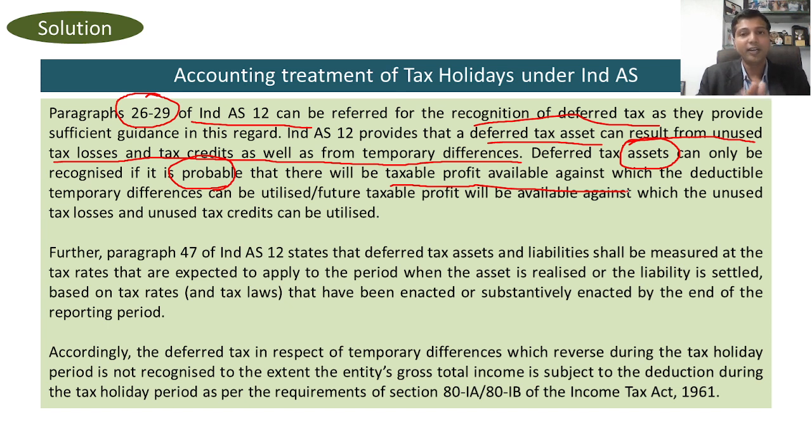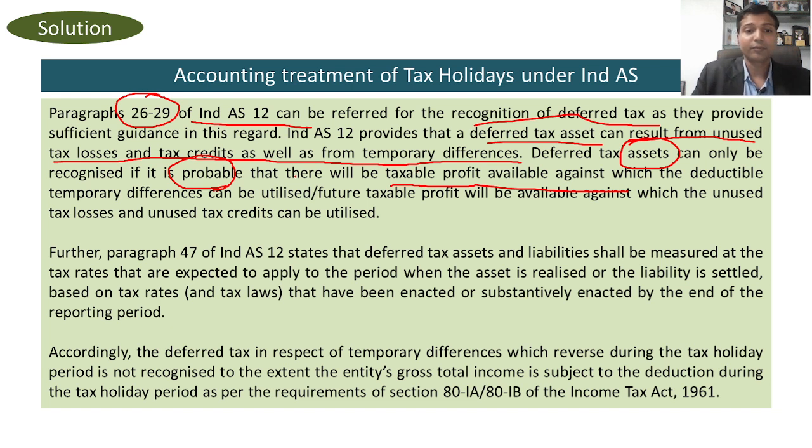As we know, under Ind AS-12 the focus is more on temporary difference, and AS-22 focuses on timing difference. It says that DTA shall be recognized when it is probable there will be sufficient taxable profit against which temporary differences can be utilized.